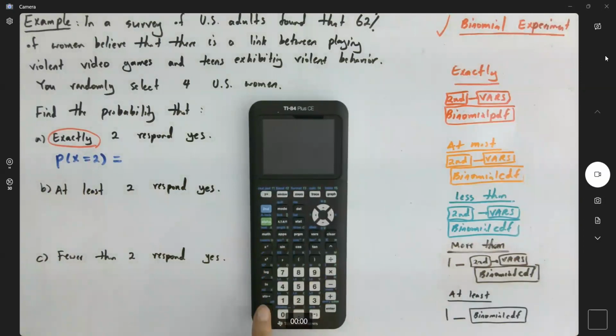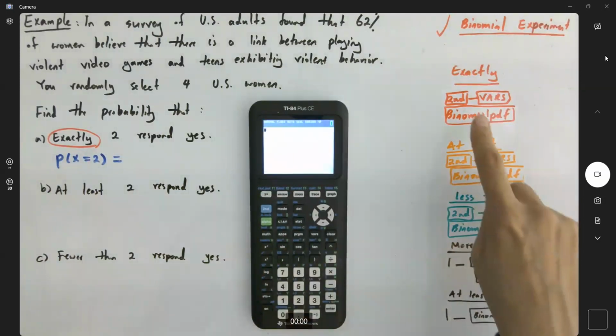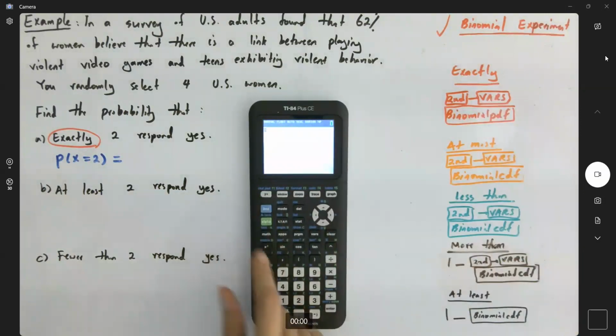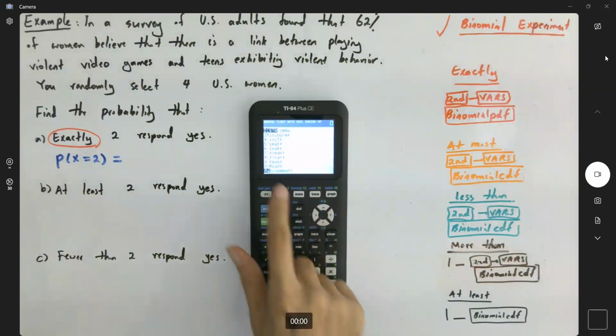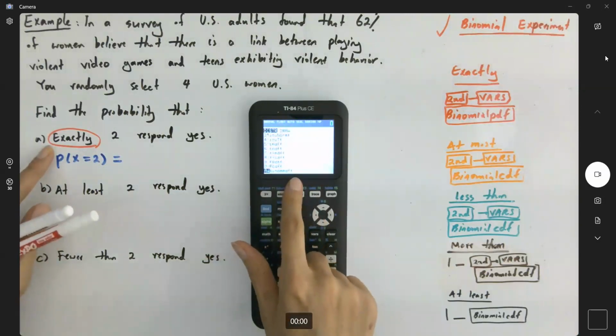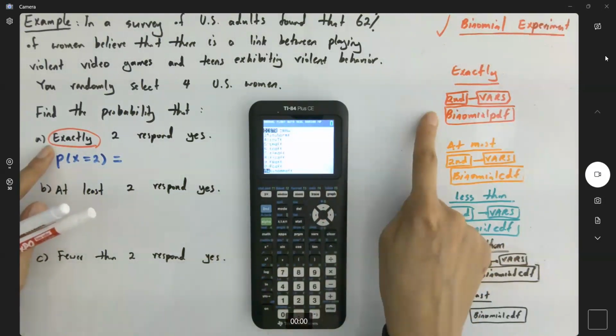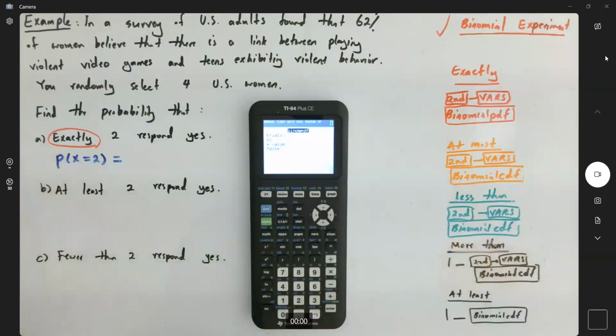Turn on the calculator. Here, second vars, and go to binomial PDF. Remember that exactly is PDF. Click on that. What's the number of trials?